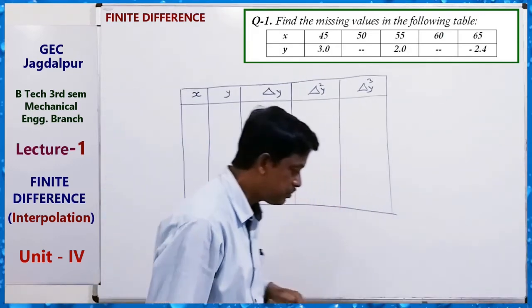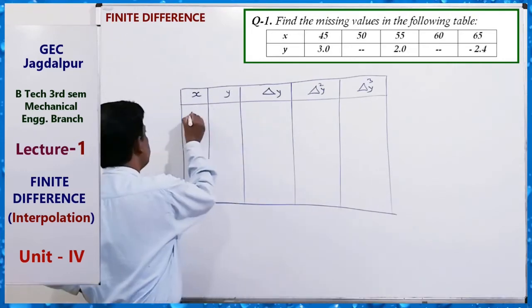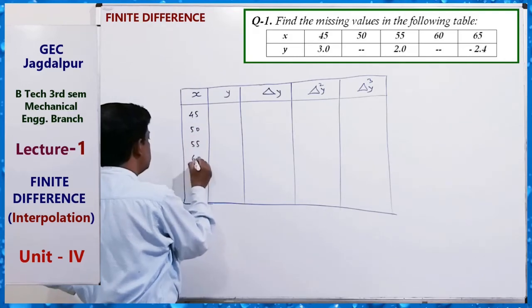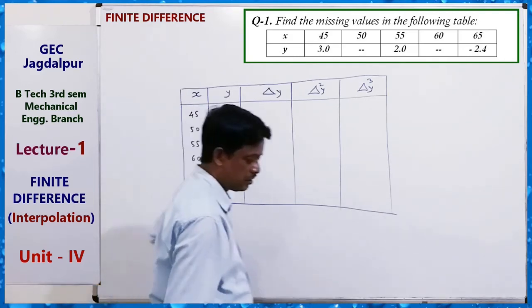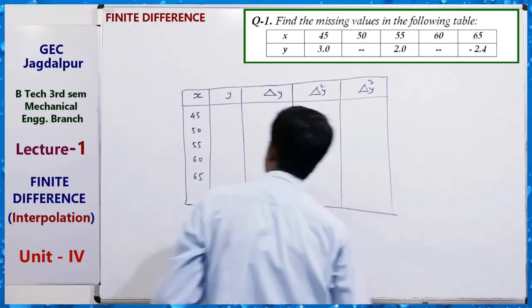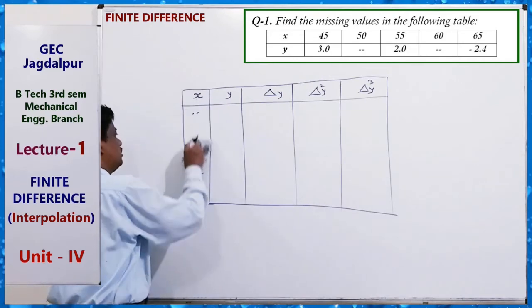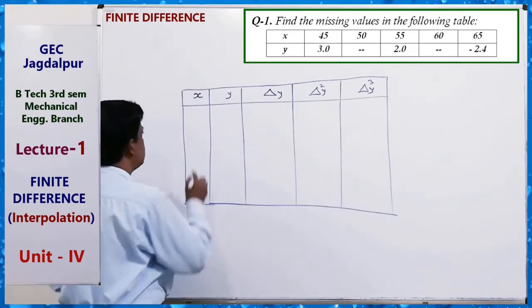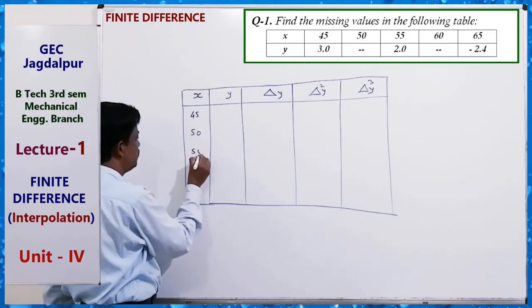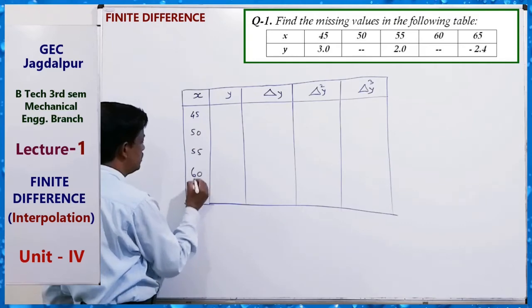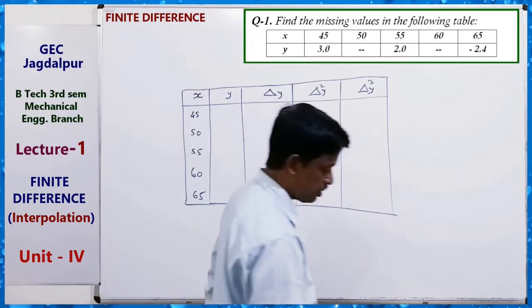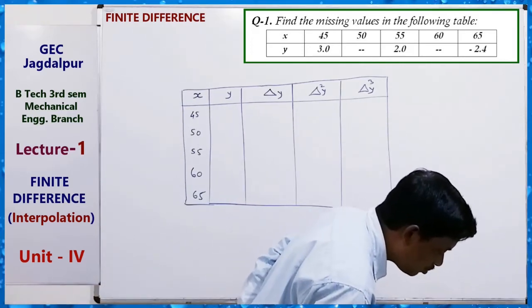Okay, the table is like this: 45, 50, 55, 60, 65. Clear? And the values of y are 3.0, 2.0, minus 2.4.